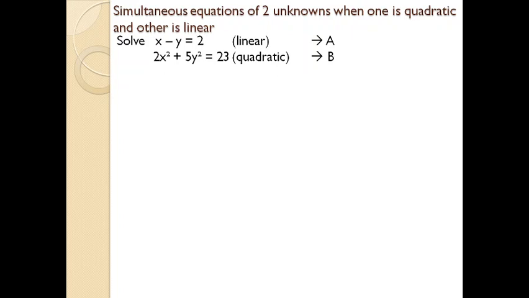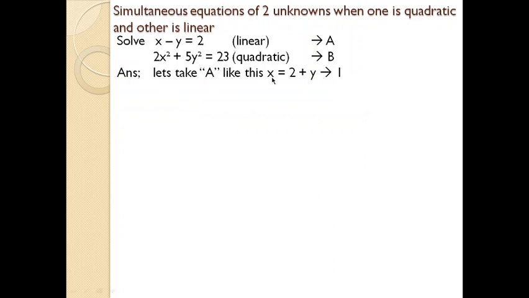Whenever these cases come, just assume the first equation is A and the second equation is B. We will substitute A in B. That's how we are going to deal with these types of cases. Before substituting, we need to make necessary changes in the linear equation, equation A. It was given that x minus y equal to 2.